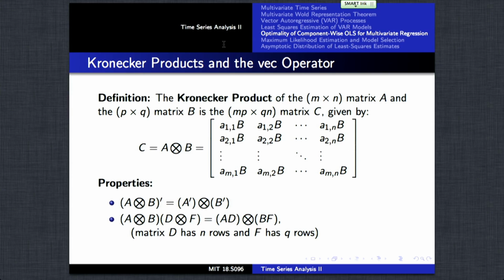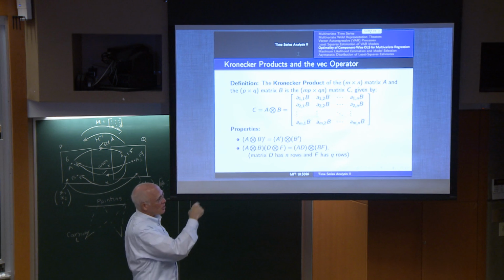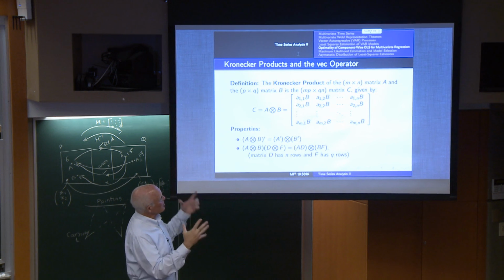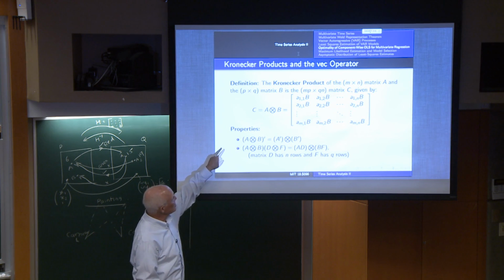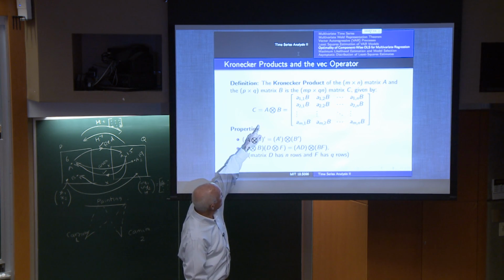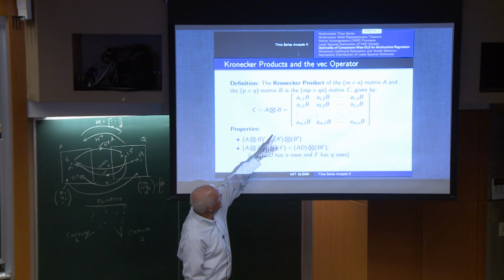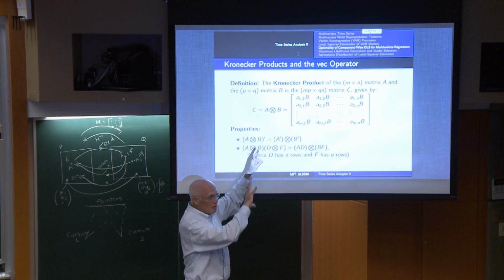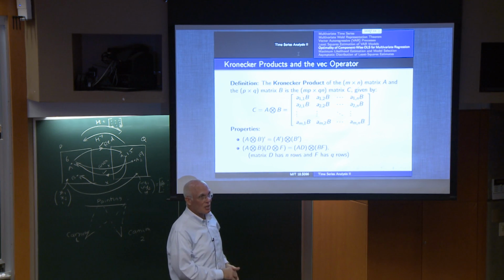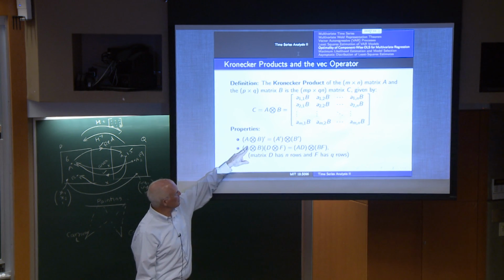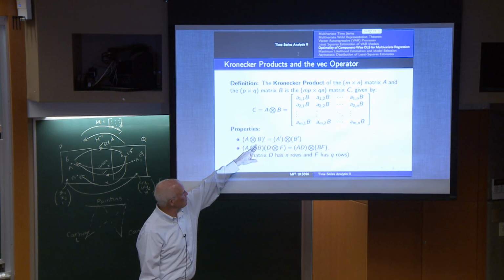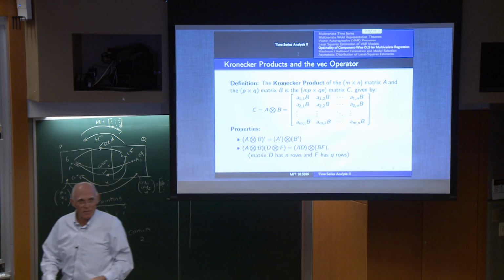Basically, this notation, the circle with an X, I'll call it Kronecker, is one where you take a matrix A and a matrix B, and you consider the matrix which takes each element of A times the whole matrix B. So we start with an m by n matrix A and end up with an mp by qn matrix by taking each element of A times the whole matrix B. So it has this block structure. This is a very simple definition. If you look at properties of transposition of matrices, you can prove these results. These are properties of the Kronecker product.